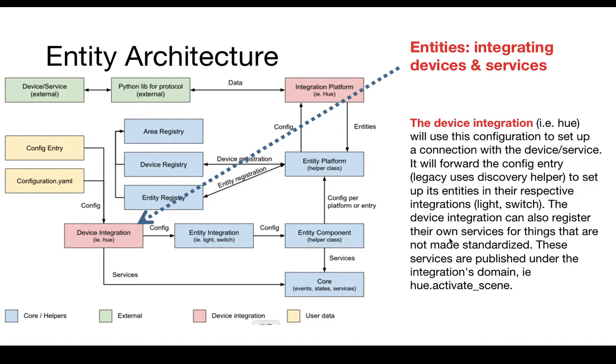It will forward the config entry to set up its entities in their respective integrations, such as light and switch. Legacy uses the discovery helper to do it. The device integration can also register their own services for things that are not standardized. These services are published under the integration's domain, such as here, active thing.